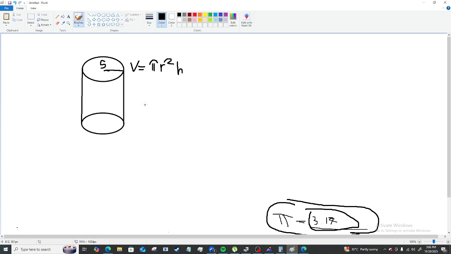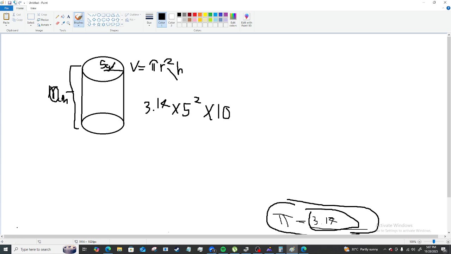Now, let's put pi 3.14 times radius 5 and put the squared. Now the height, we'll be finding the height. The height of this will be 10. Don't forget the unit, guys.